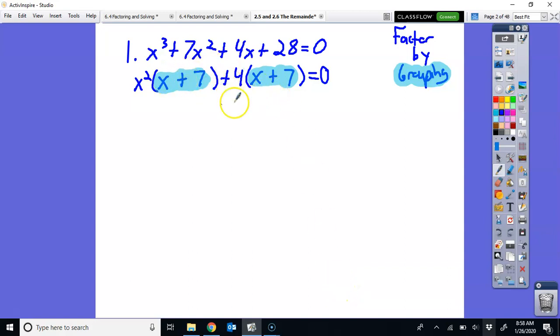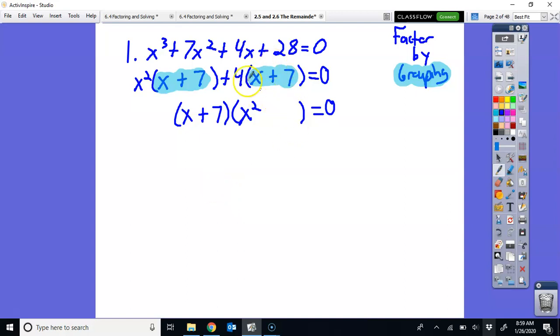If these are the same, what we can do is now we can take x plus 7 and factor x plus 7 out of the entire problem. Or in other words, we can factor out x plus 7 out of the first group, factor out x plus 7 out of the second group. Notice what we're not doing. We are not just sliding parentheses around all over the paper. We are literally dividing x plus 7 out to the front. If you divide x plus 7 out of this group, x squared would be the only thing left.